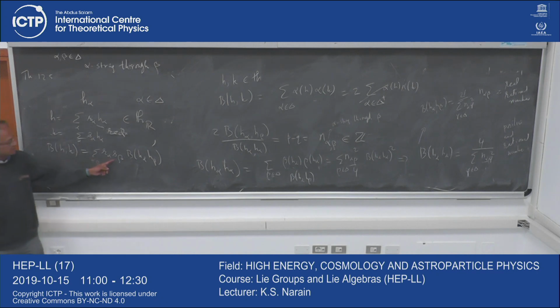But these are real, and those are again real, so this whole thing is real. Of course, if R_alpha, S_alpha are complex, it will not be, but if they are real, then this is real. So the first conclusion is immediately that for any H and K belonging to this H_R, B of H, K is real, not complex.